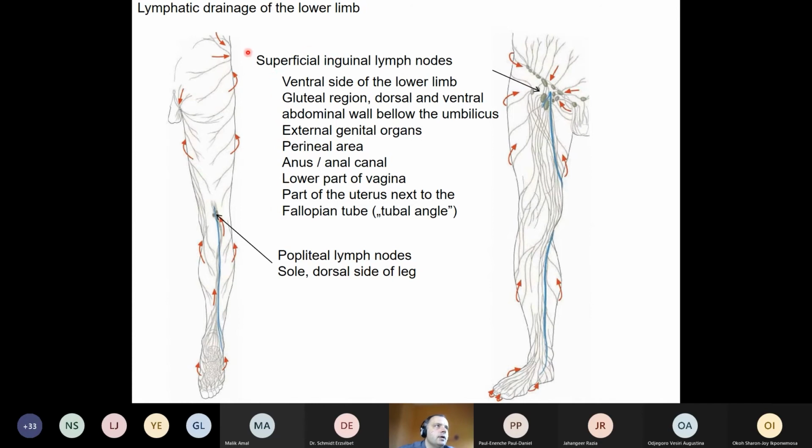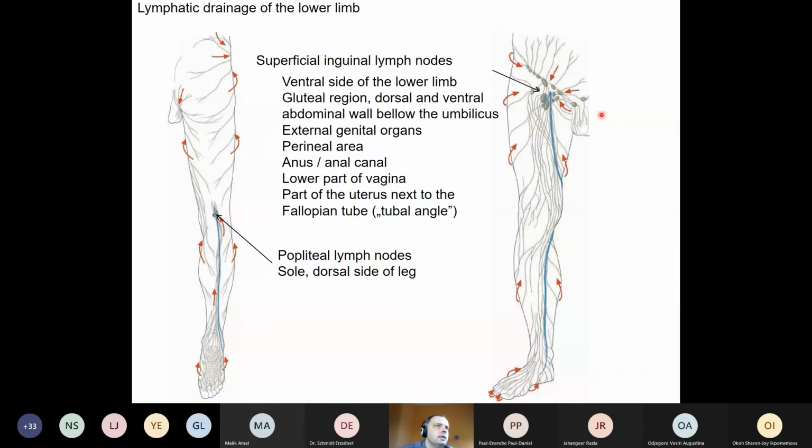So if the question arises, what areas are the superficial inguinal lymph nodes responsible for, then you have to know that if one finds enlarged lymph nodes here, you have to check the ventral side of the lower limb. You also have to check the back side, the gluteal region. As I mentioned, the abdominal wall has to be studied if there is something wrong.